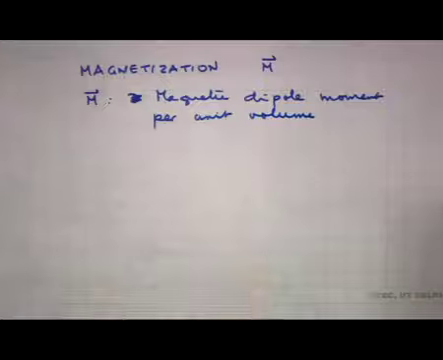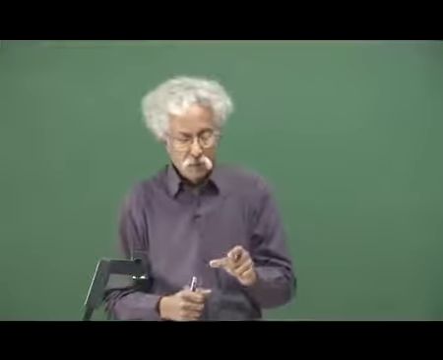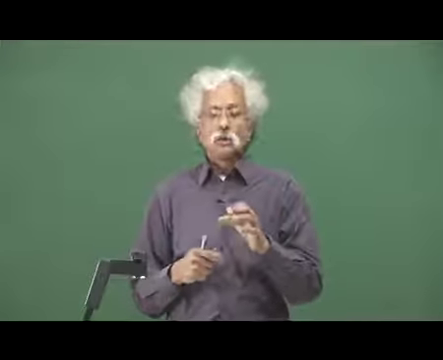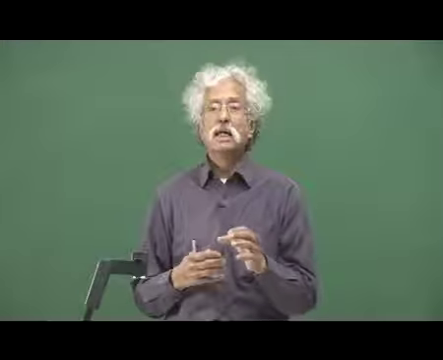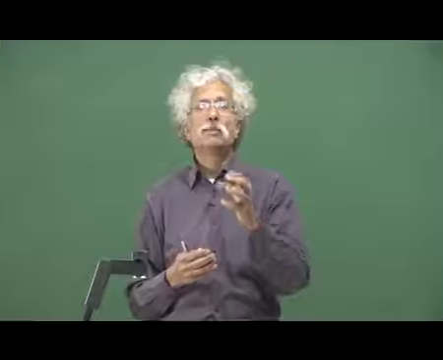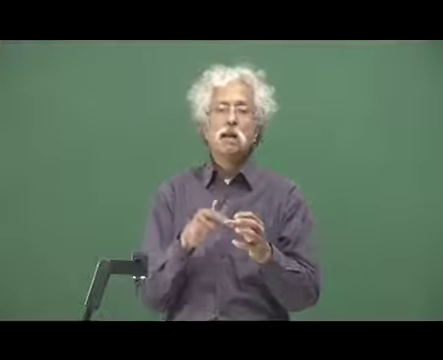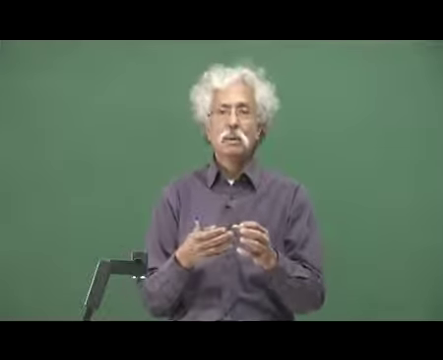So, you take a small, infinitesimal volume element of the material. The small volume should contain thousands of atoms, and then you calculate the total magnetic moment of the small volume. So, I take a volume delta V, and I sum up all the magnetic moments of all the constituent atoms to get the total magnetic moment.